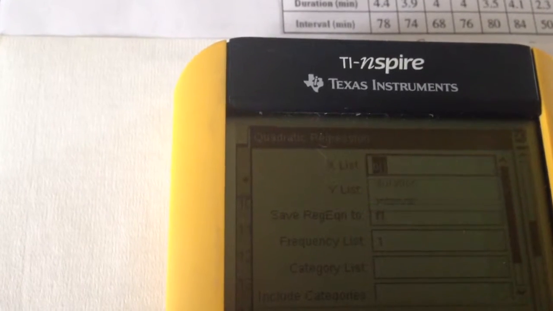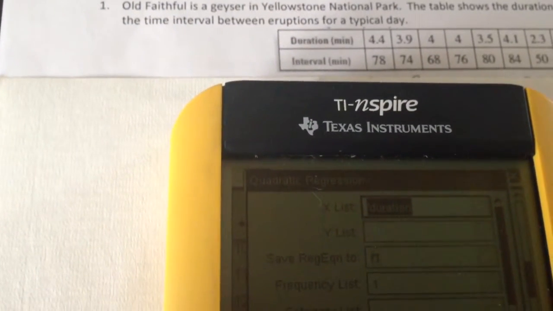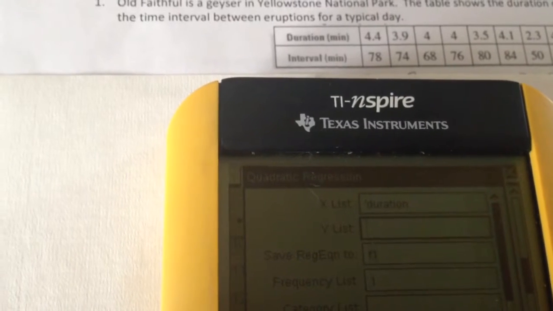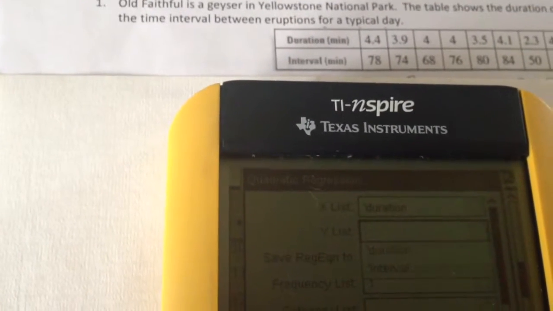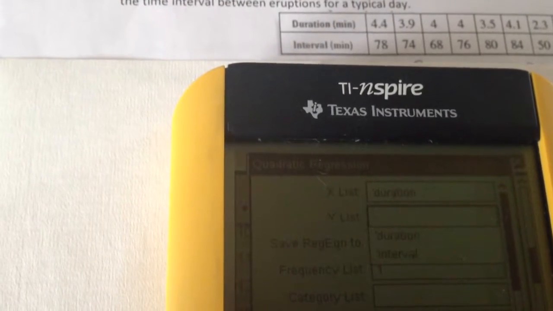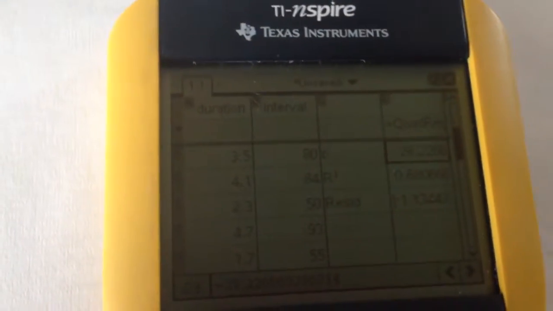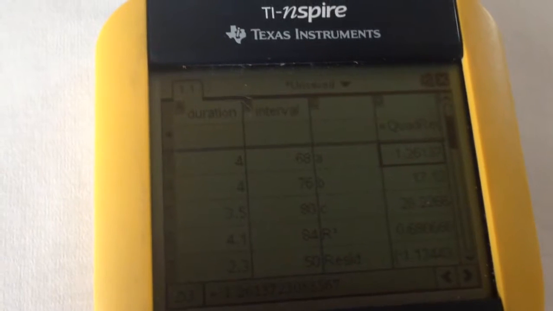And we call our X list duration, and we called our Y list interval, and then you can just hit enter or scroll down to OK, and then you scroll back up to your equation.